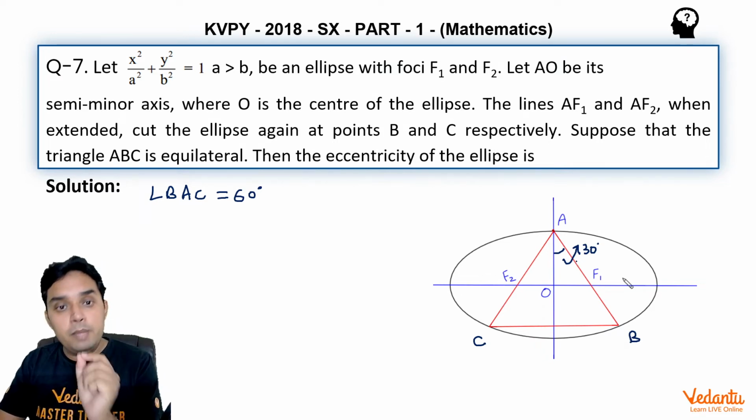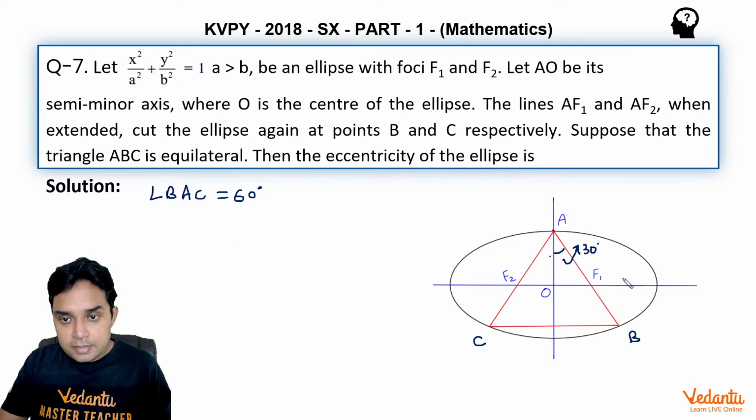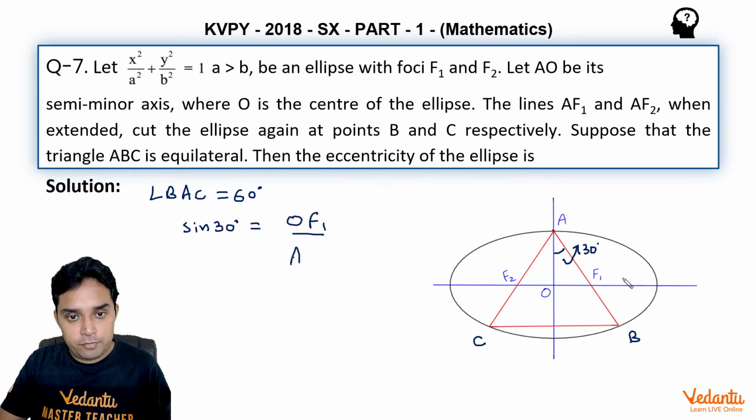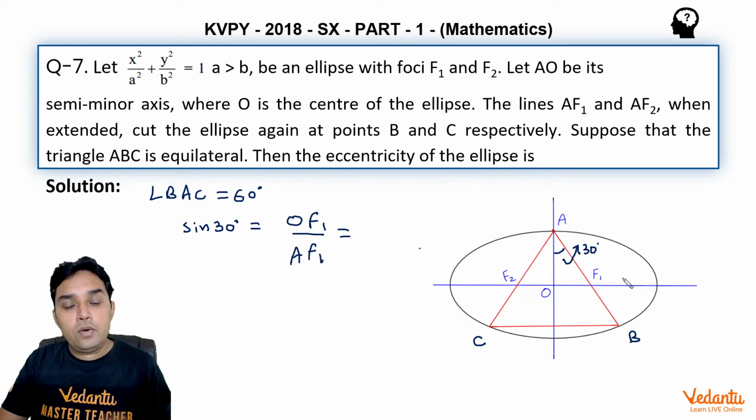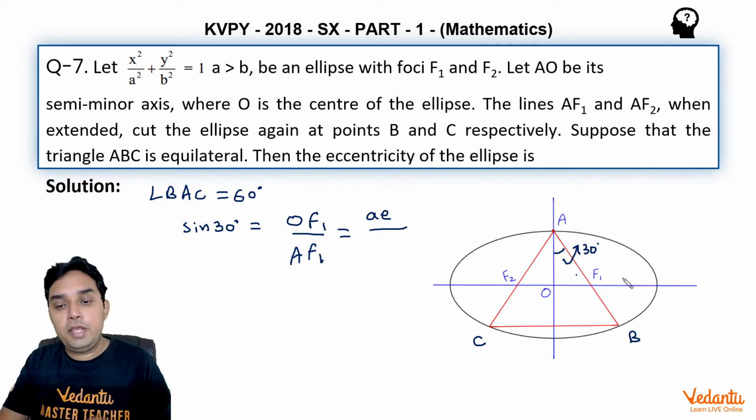Now one very important thing to solve this question directly is that if I take sine 30, it will be equal to OF1 upon AF1. OF1 is one very standard result, that is equal to AE. And AF1, listen carefully here.